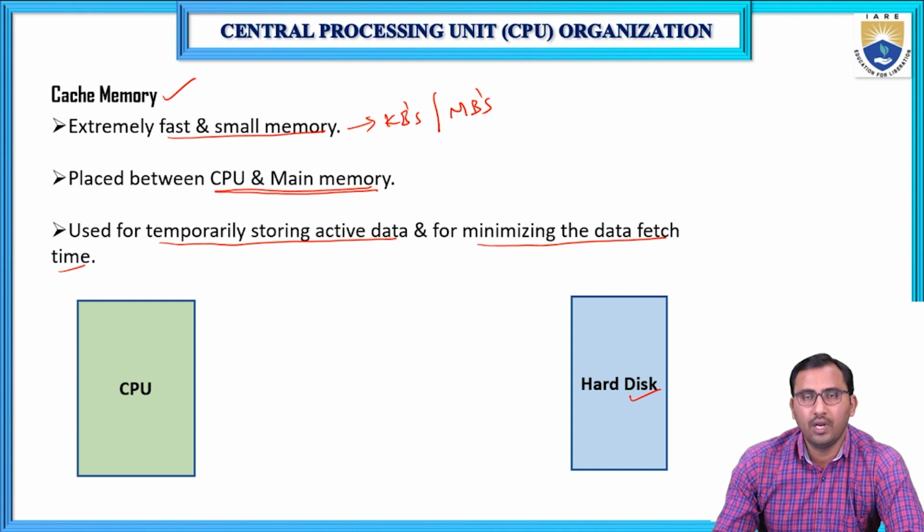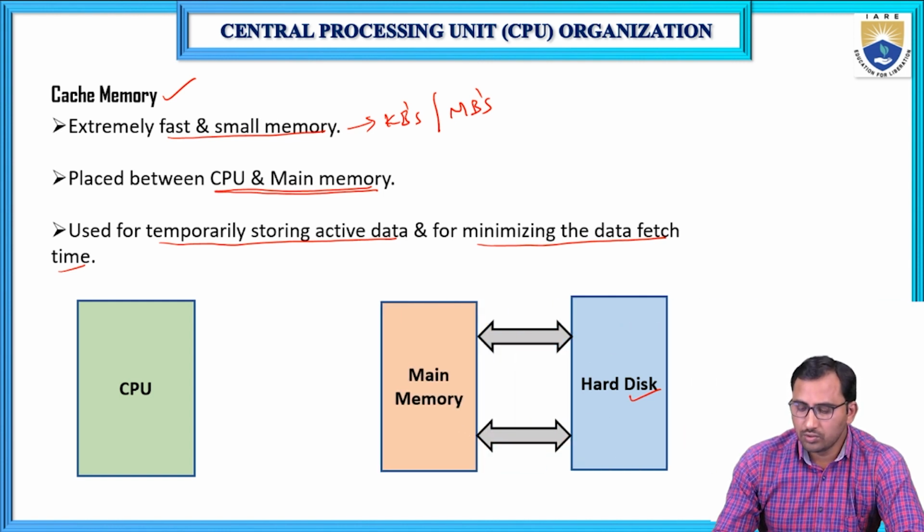So the central processing unit will execute the software or programs present in the hard disk. Does the CPU directly access the programs or software from the hard disk? No, it cannot directly access. The CPU can access that software and programs through the main memory.